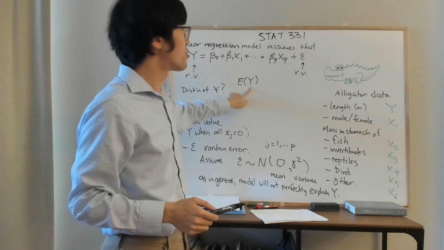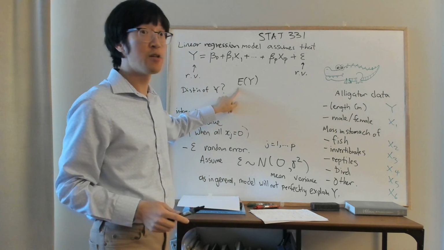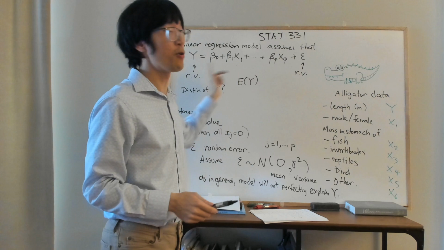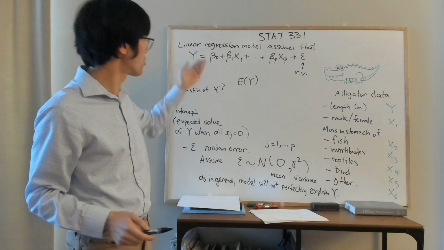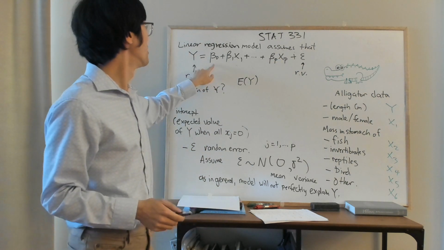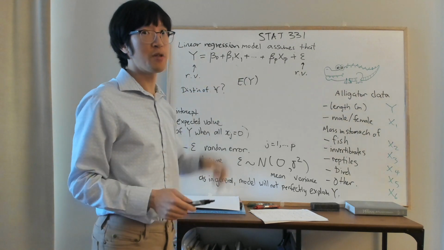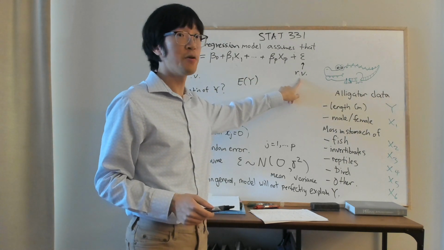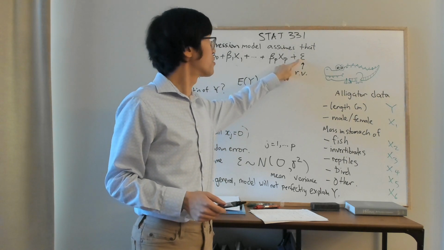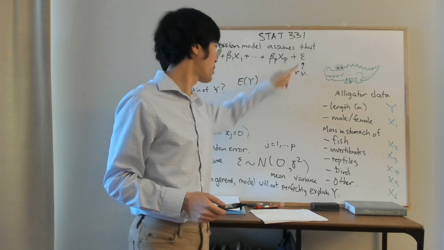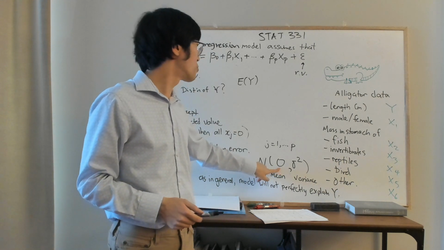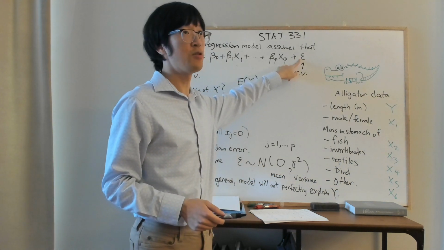Let's remind ourselves that expectation is a linear operator, so we can take the expectation of each of these terms and add them all together. The expectation of beta 0 is just beta 0, and the same for each of these terms as they are just constants. The only thing that is random is epsilon, and by assumption epsilon has a normal distribution with mean 0, so the expectation of epsilon is 0.